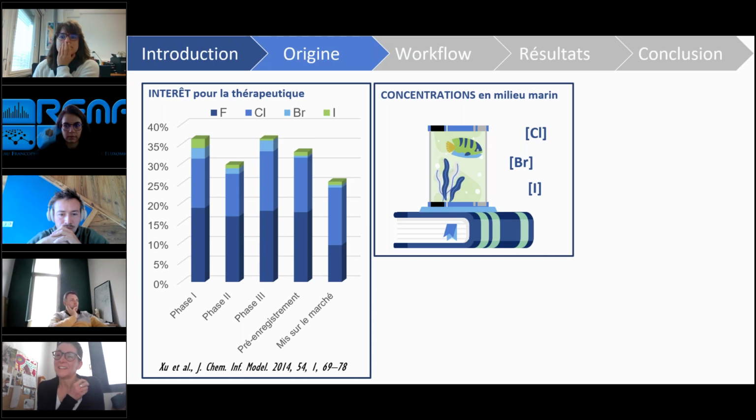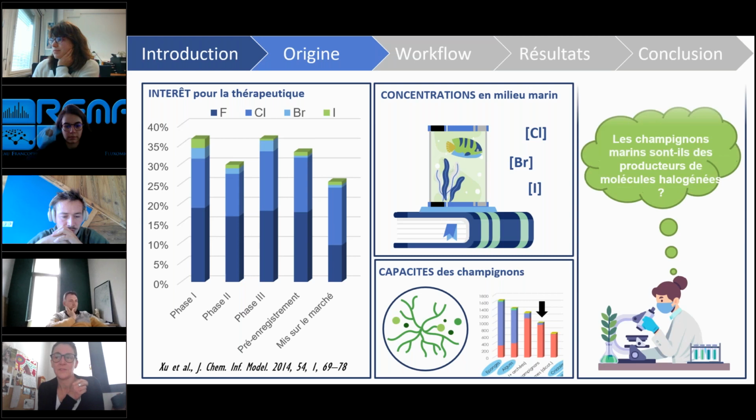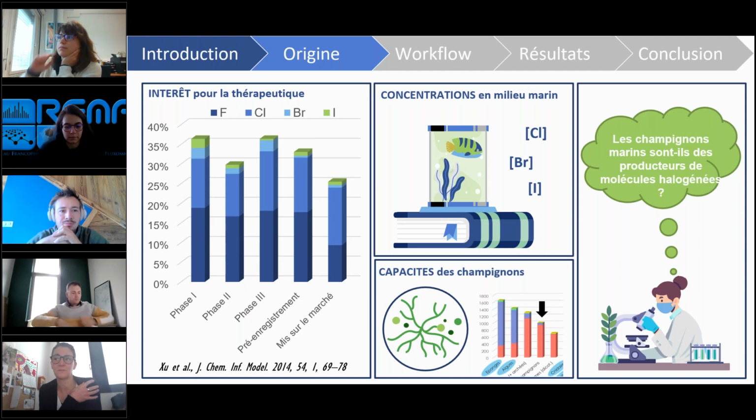If you look at the way fungi are able to produce halogenated compounds, this is where our project came from. Are our fungal strains coming from the marine environment interesting for producing halogenated molecules of interest for therapeutics, for example?